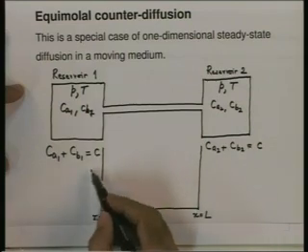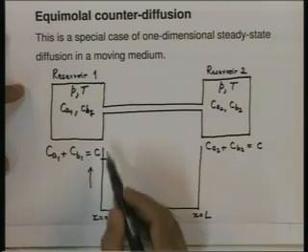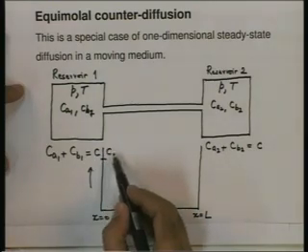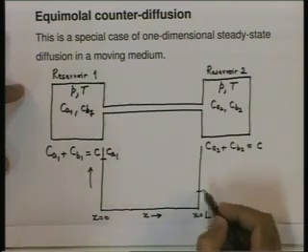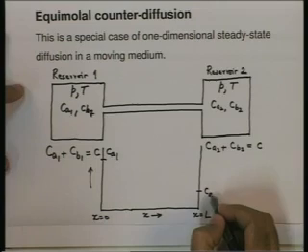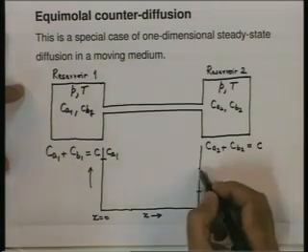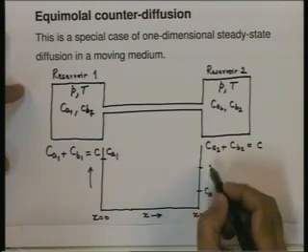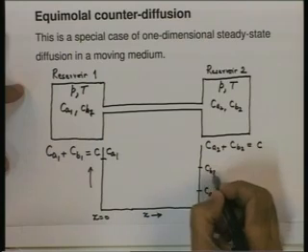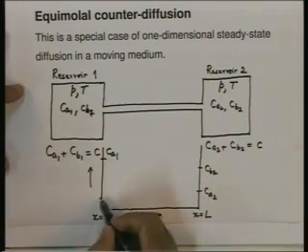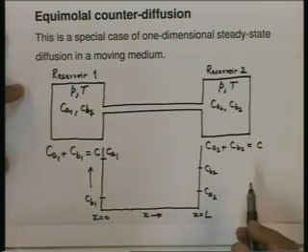Let us plot concentration on this axis, and let us say that the concentration of A, Ca1, in reservoir 1 is higher than the concentration Ca2 in reservoir 2. Let us also assume that the concentration of B, Cb2, in reservoir 2 is higher than the concentration Cb1 in reservoir 1.